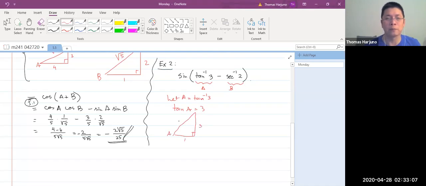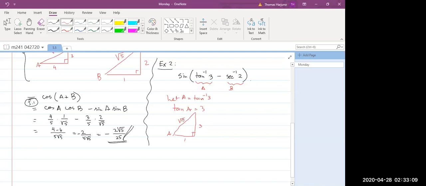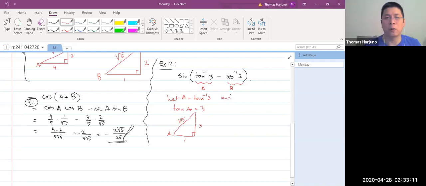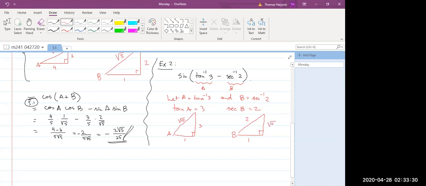What will this be? Square root 10. That's right. And for B, the secant inverse of 2, secant B will be 2. So this is 2 over 1 here. This will be square root 3.